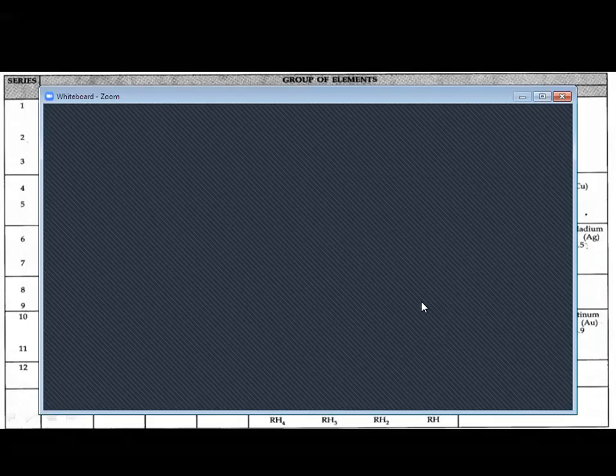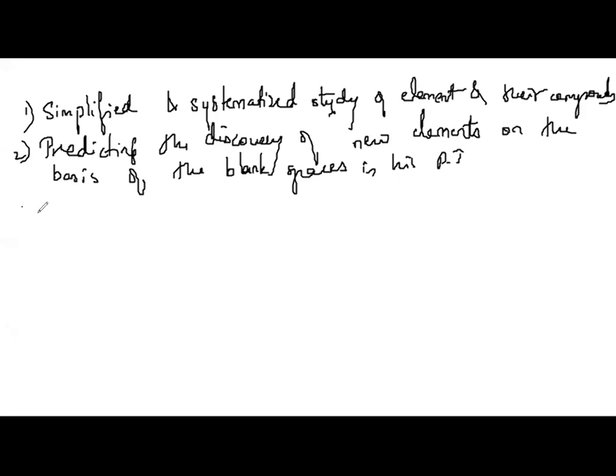That means in future, the elements will be discovered and they will have properties like those of aluminium. He named those gaps: the element discovered below aluminium, he named Eka aluminium, and below silicon, he named Eka silicon. Eka stands for one of the same kind.